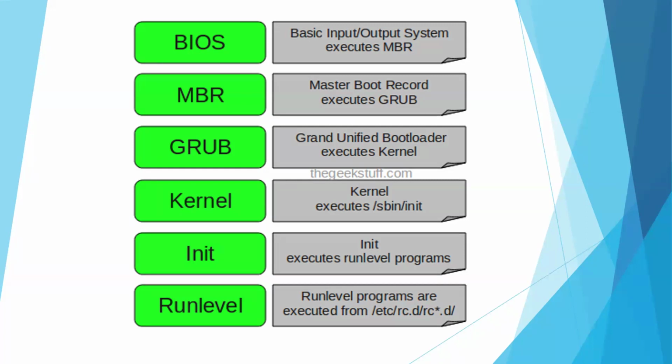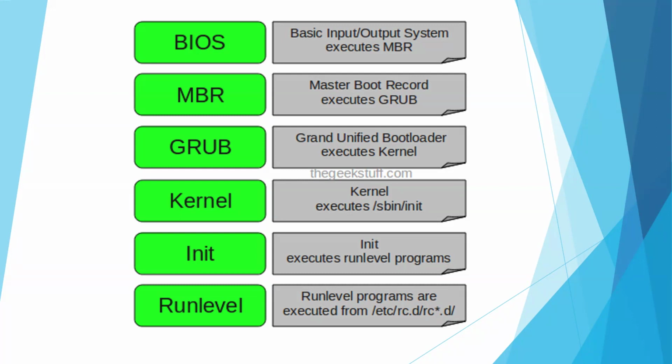GRUB is a very important phase of the boot process. It stores the complete system kernel information, and after this phase, the system initiates the kernel, and then /sbin/init. Init contains all your run level information, like which run level your system boots into and which kernel parameters the system is going to execute.